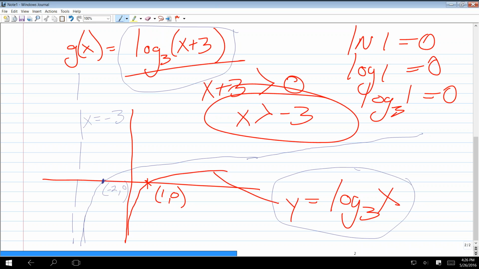So the natural log of x plus 3 is going to look very similar to the log base 3, more so than the log base 10. But they all are going to have the same shape, and they're all going to go through that same point, -2, 0. So the only difference would be one might be vertically stretched a little bit relative to the other, but not so much that you could tell the difference by looking at it.